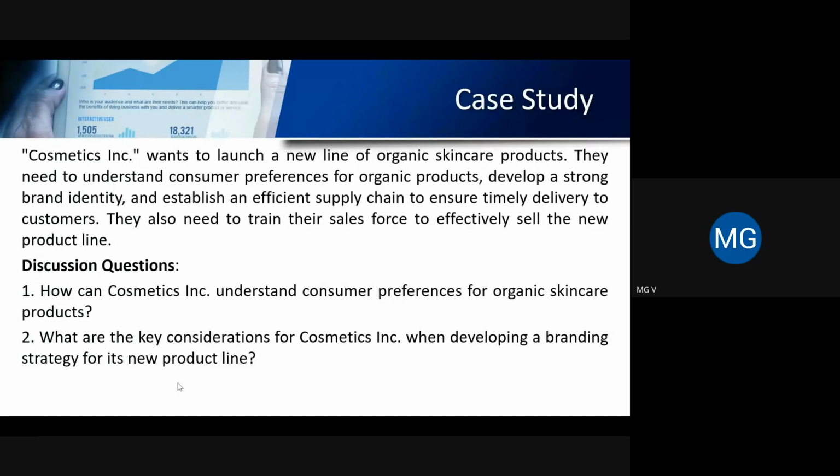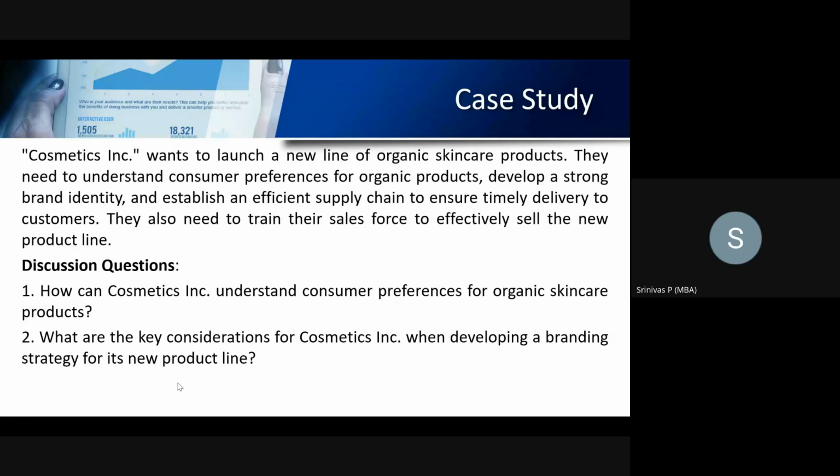So let us move further. What are the key considerations for cosmetic incorporation when developing a brand strategy for its new product line? Now, sir, you can mention what you were trying to mention in the first answer. By understanding the customer preferences, what they are looking for, developing the products relevant to the organic, and building the brand, reaching the right customers.